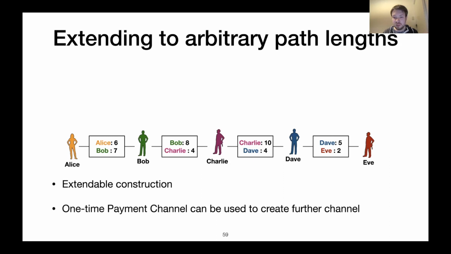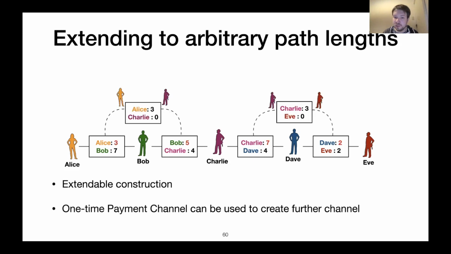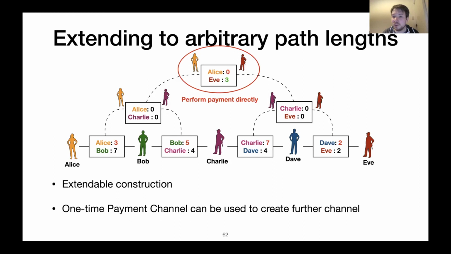First, here, we create a temporary channel between Alice and Charlie, as well as one between Charlie and Eve, in the same manner as we showed before. However, we can reuse these temporary channels to create a direct channel between Alice and Eve. This channel can now be used for a direct payment between Alice and Eve.